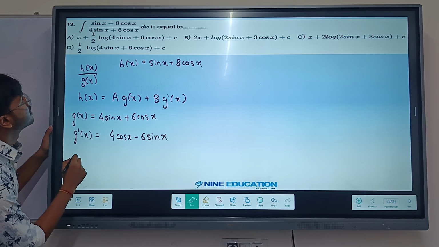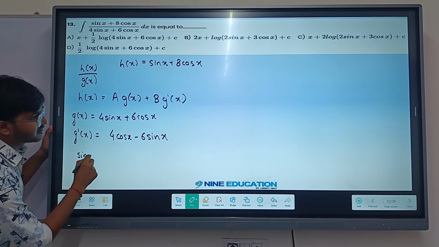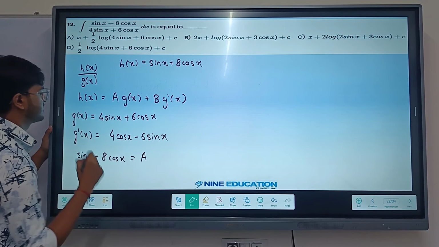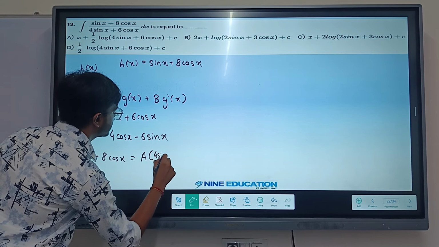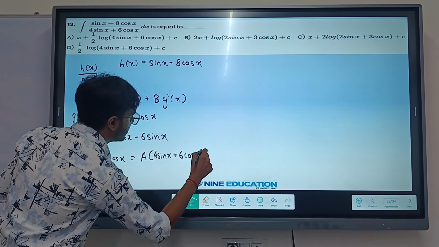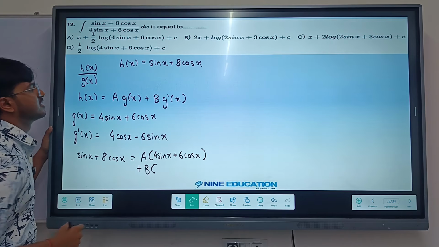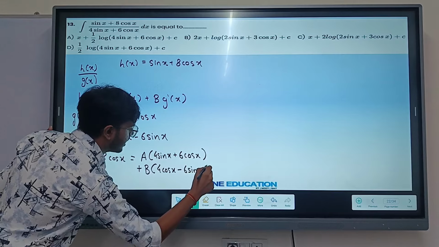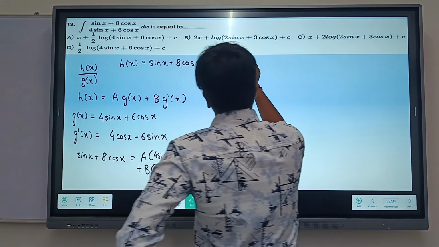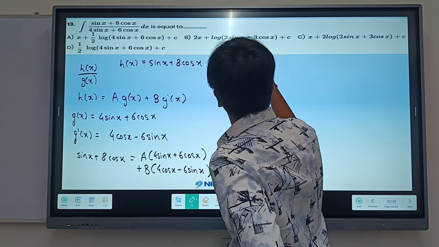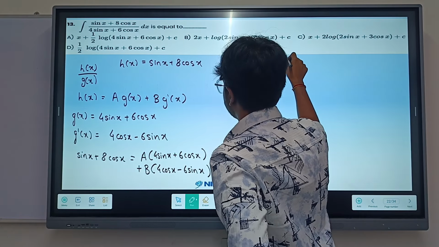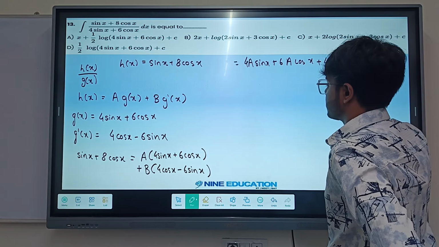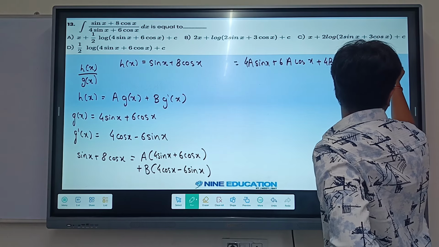So h of x, which is sin x plus 8 cos x, would be equal to a times g of x, 4 sin x plus 6 cos x, plus b times g dash x. What is g dash x? 4 cos x minus 6 sin x. Multiply this inside. I am just taking the RHS part: 4a sin x plus 6a cos x plus 4b cos x minus 6b sin x.